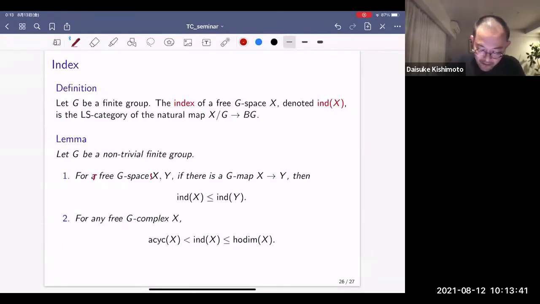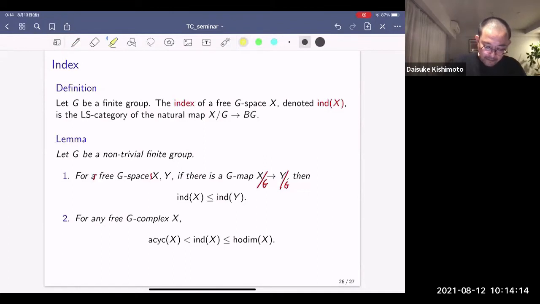This is obtained just by composing the map induced on the orbit space. Okay, the second is this. For any free G-complex X, there are inequalities like this: the acyclicity of X is less than the index, which is less than or equal to the homotopy dimension of X. All right.